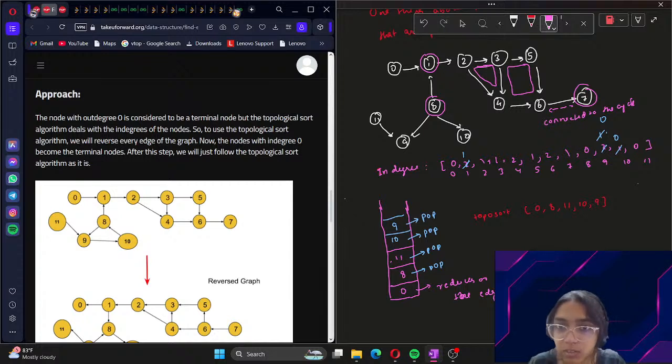And why are these nodes not considered? Because even this node is connected to the cycle, and this node, wait, sorry.